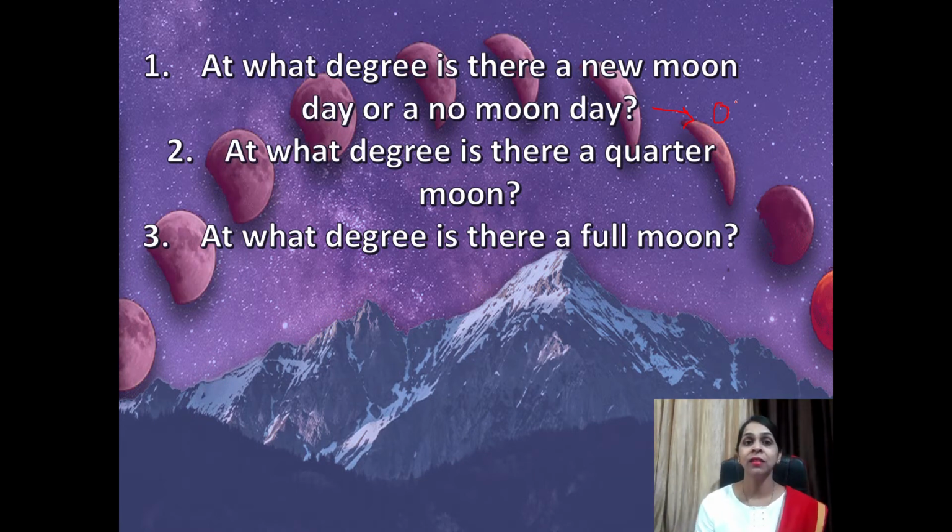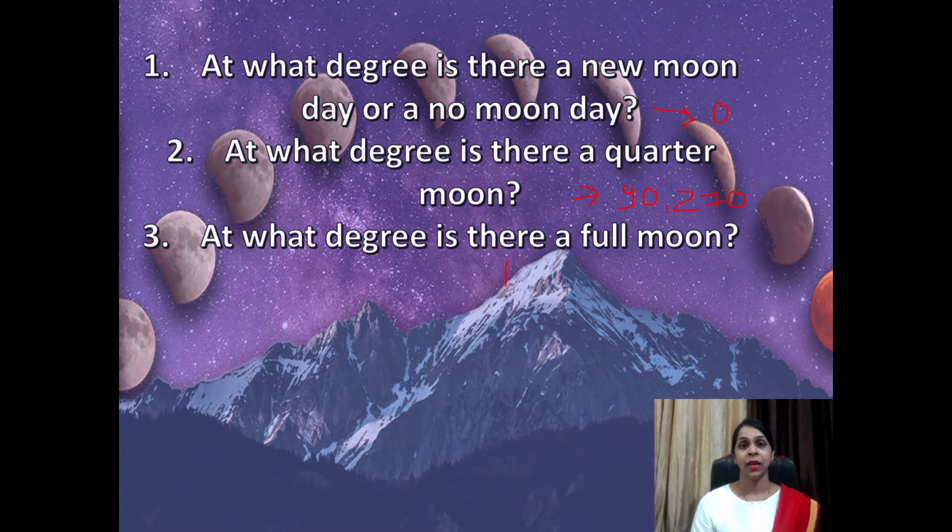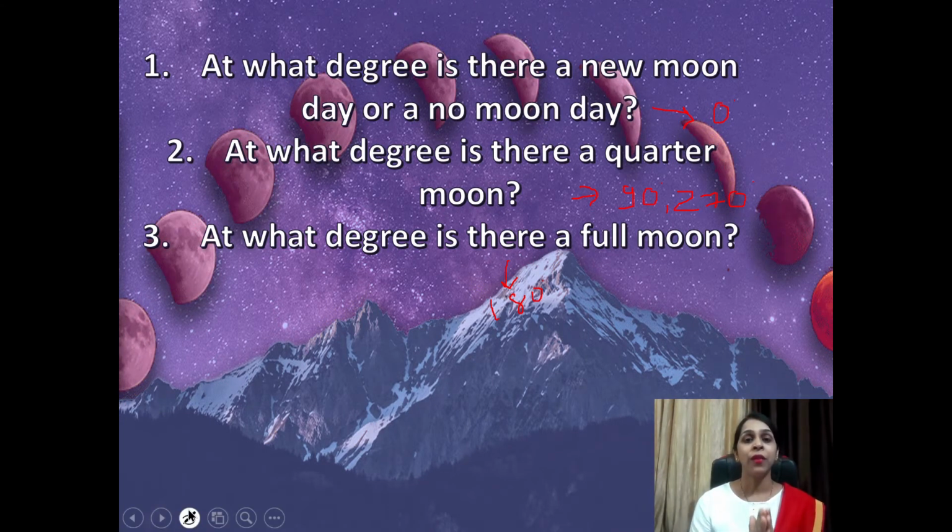Yes, at 90 degrees or 270 degrees we are seeing the quarter moon. At what degree is there a full moon day? Yes, very good student. At 180 degrees there is a full moon day. I hope you are very clear about the angles of the moon.